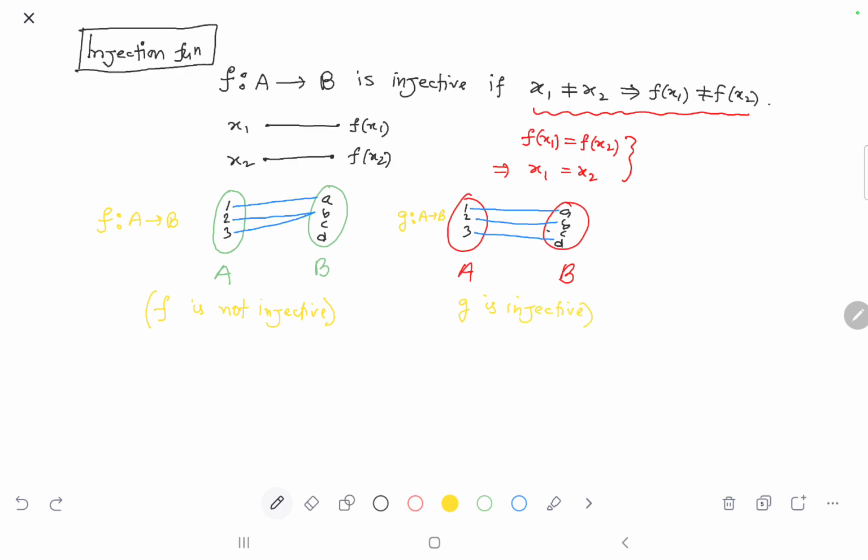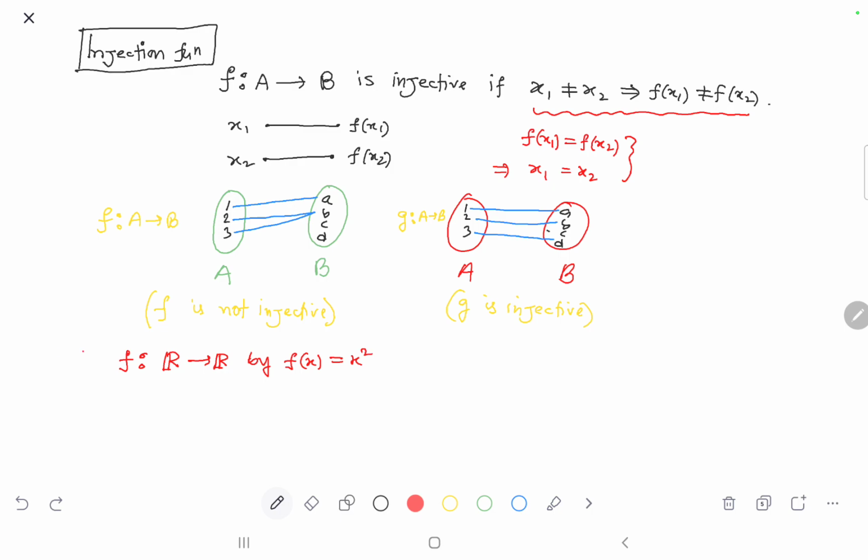Now let me tell you, if you have a function with a formula, how you can check whether it is injective or not. Let's say f is a function from the set of all real numbers to the set of real numbers by f(x) equal to x square.